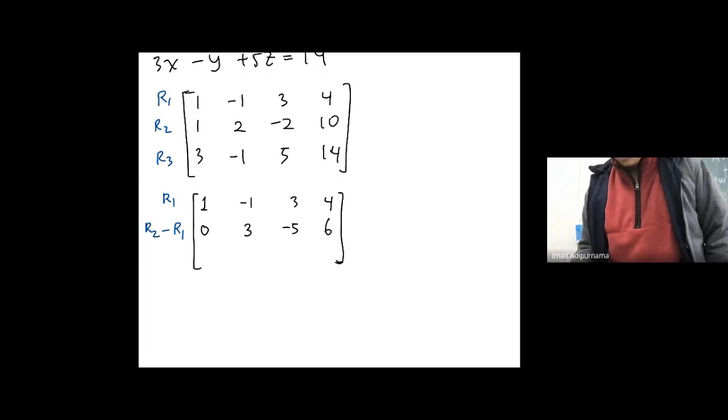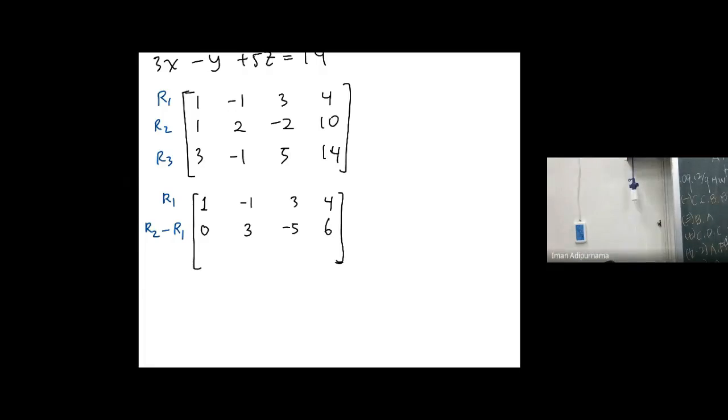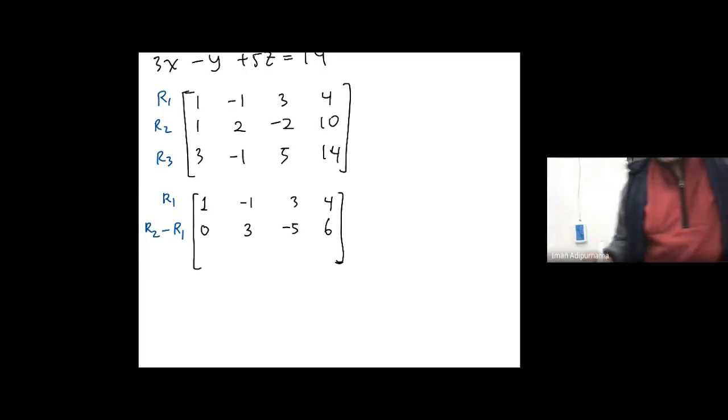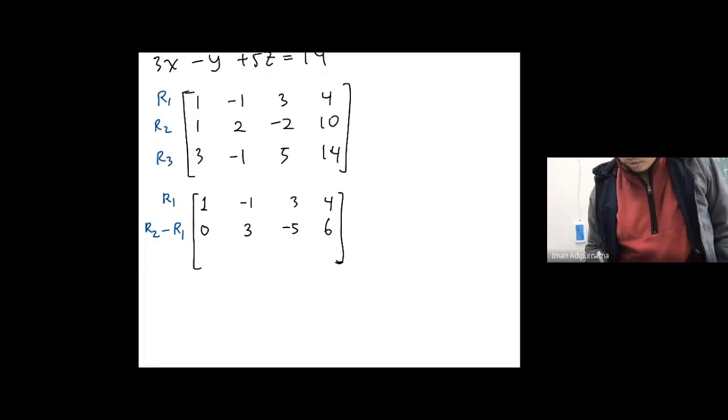And then maybe the row 3, I see either row 1 or row 2, it has 1, 1. It's 3, right? So I can multiply this or this by 3 and make this 0. Okay? So let me write this as 3R1 minus R3.